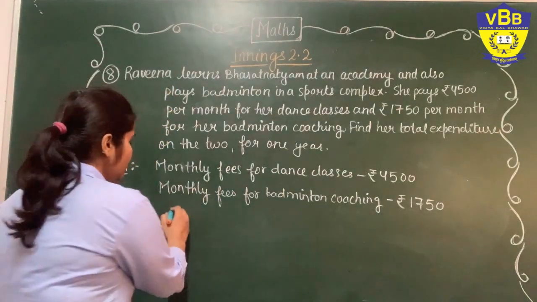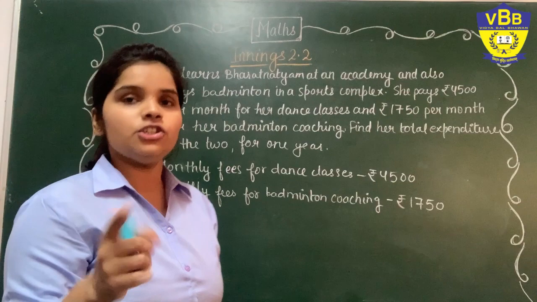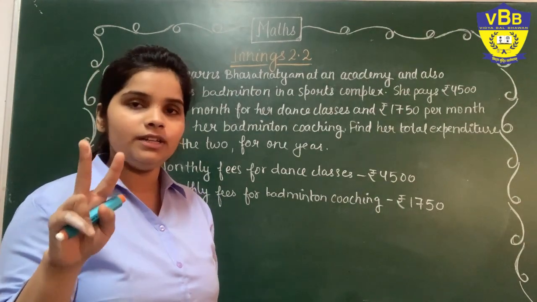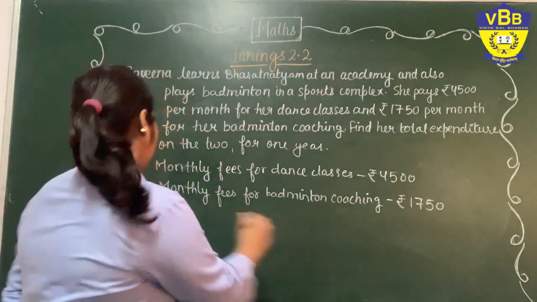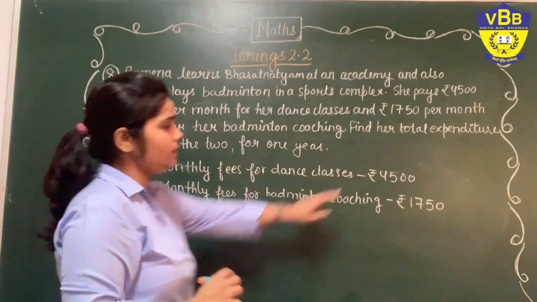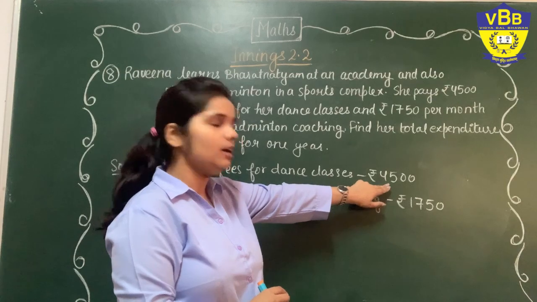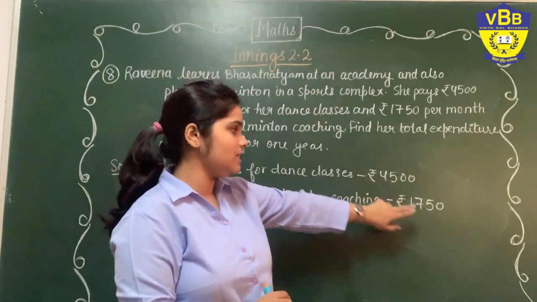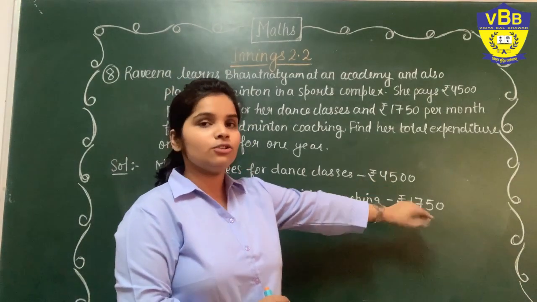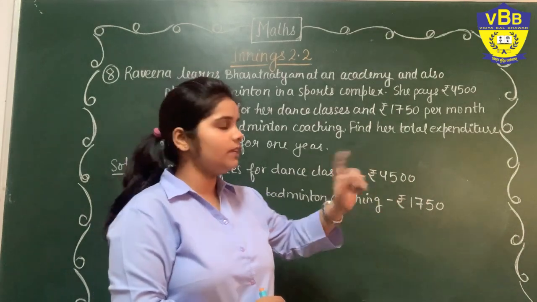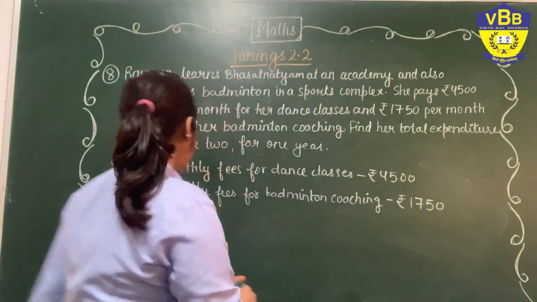We will find the total expenditure she is doing in both the activities in 1 month. So what will we do? We will add these two amounts. For a month she is paying this for dance classes and this for badminton coaching.